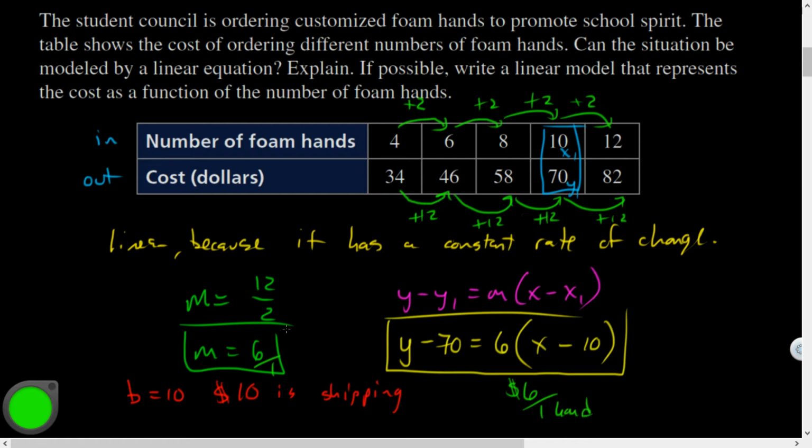So the slope is rise over run. The y coordinates represented cost. The x coordinates represented foam hands. $6 over 1 hand. That is the cost per hand, right? Cost per hand. So that does appear to be the case.